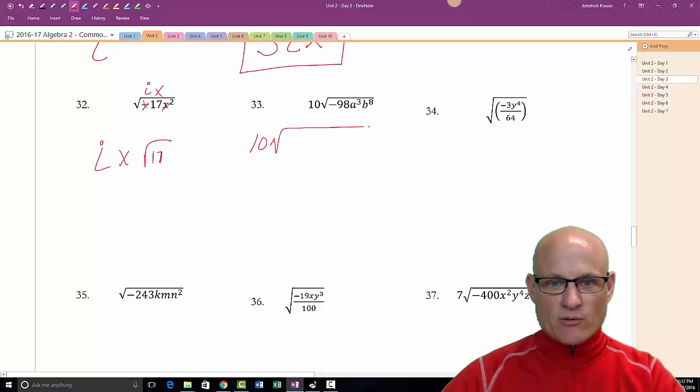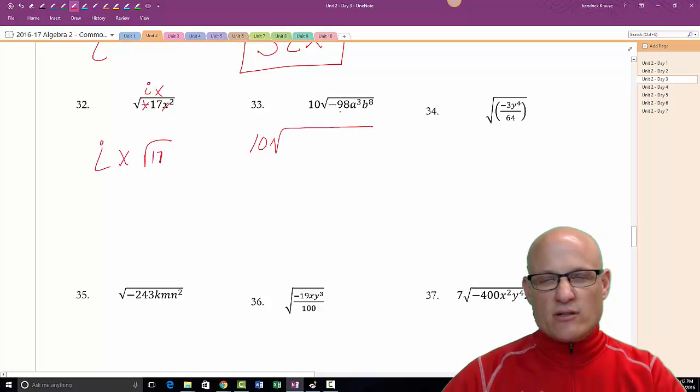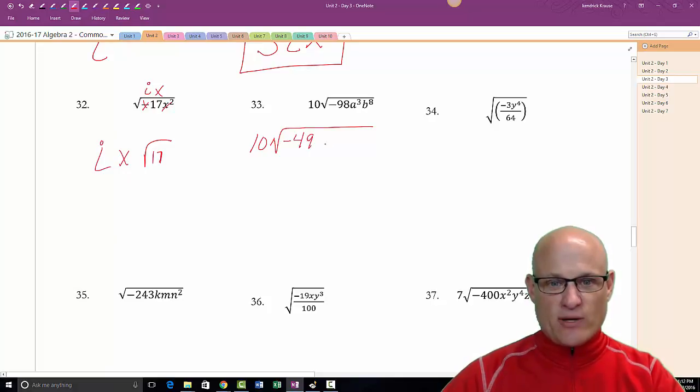Now we're going to rewrite this. The square root of, now 49 goes into 98, so I'm going to write this as negative 49, you'll see why in a minute, times 2, a squared a, that's a cubed, times b to the 8th.